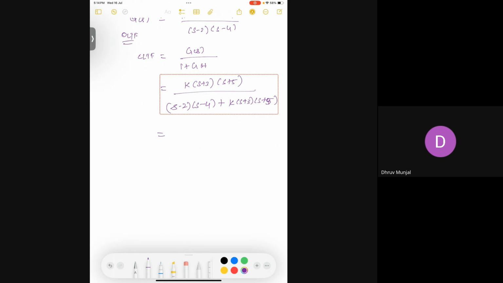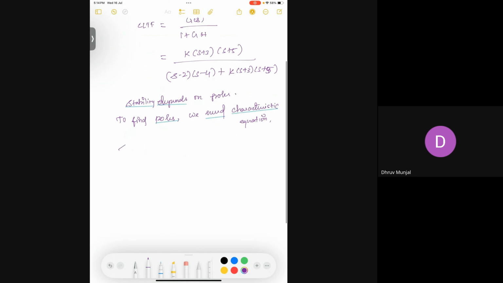After this, consider the characteristic equation, because stability depends on poles. To find poles, we need the characteristic equation. Whatever I'm writing is visible to you, right? Yes, ma'am. So the characteristic equation here is the denominator part: (s minus 2)(s minus 4) plus K(s plus 3)(s plus 5) equal to 0.